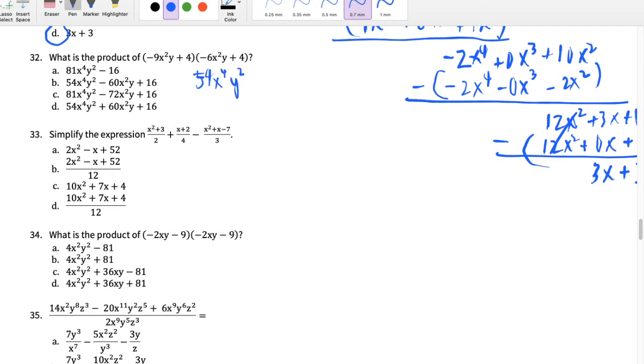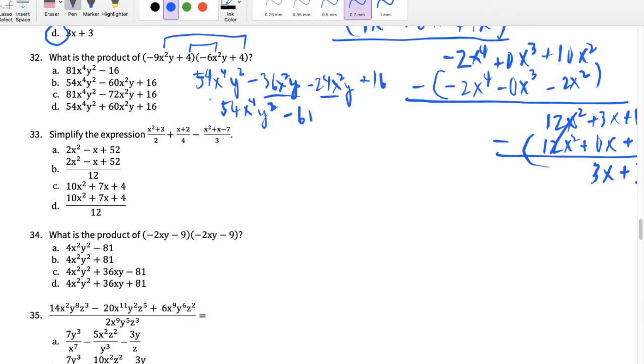And then, if you multiply this and this, ito munang outer, negative 36x squared y, itong inner minus 24x squared y. 4 times 4, that's equal to 16. If we simplify this, ito like terms yung dalawa, 54x raised to 4y squared minus 60x squared y plus 16. So our answer here is letter B.